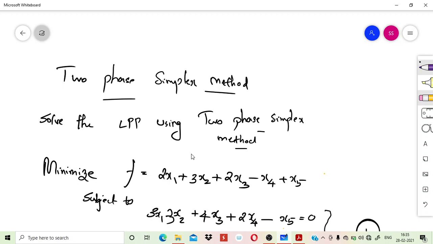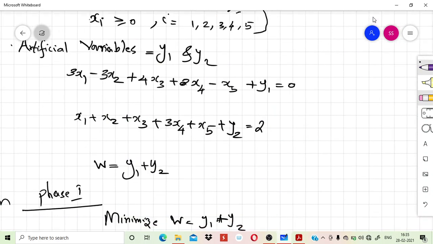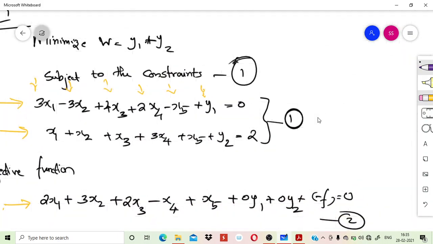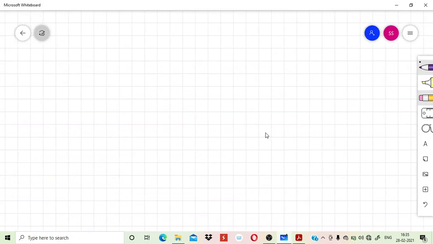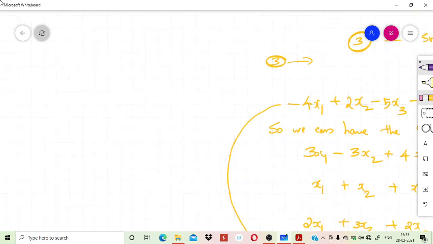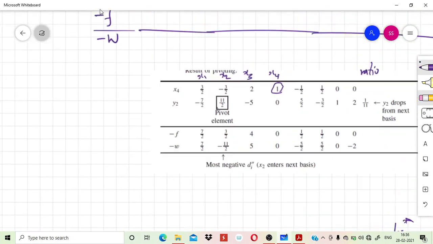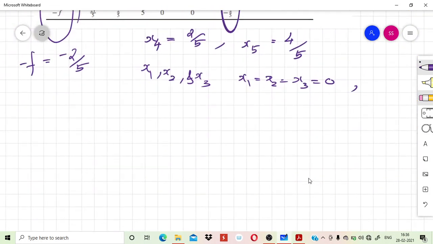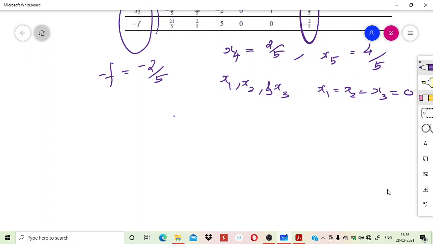So f is equal to 2 by 5. This is the minimum value of our original objective function.